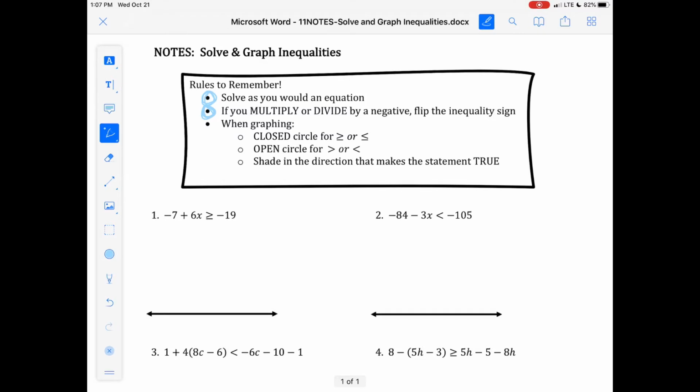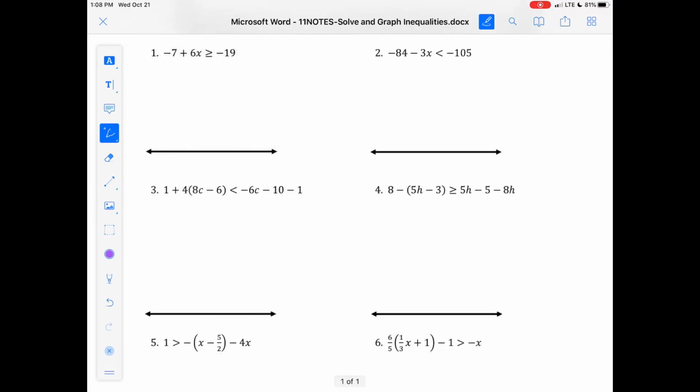So now that's one thing we want to be mindful of. And then the last of those, we use a closed circle if we're greater than or equal to, less than or equal to, open if it's just greater than or less than. And then our arrow tells us the direction that would make all of those a true statement. So here we go. We're going to try a few of these examples together.